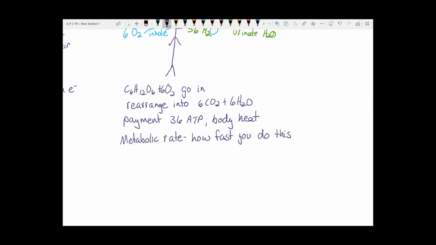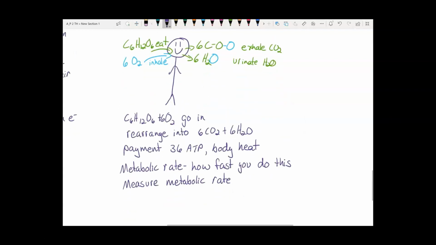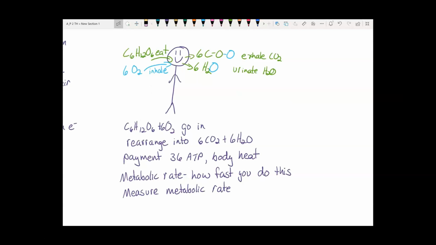And there's a couple of ways to measure metabolic rate. Think about this carefully. You have things going in, you have things coming out. Two of the main ways to measure metabolic rate are to measure the oxygen that goes in, and then remember your payment is 36 ATP and body heat, to measure the heat you produce.